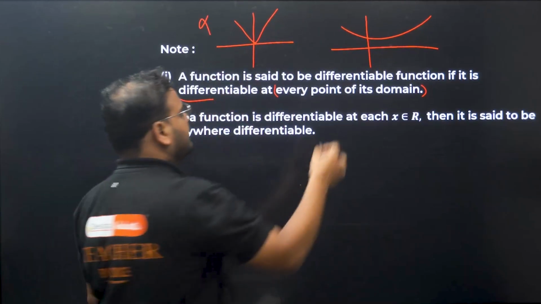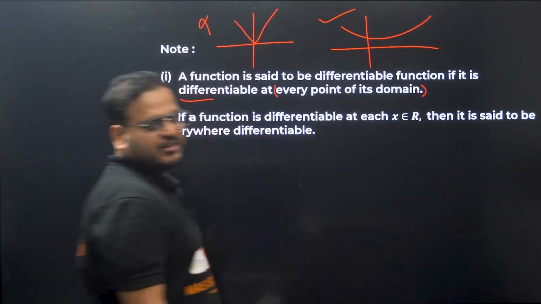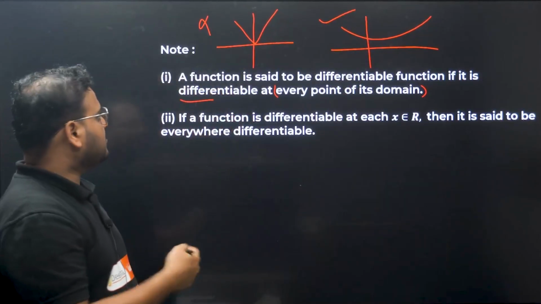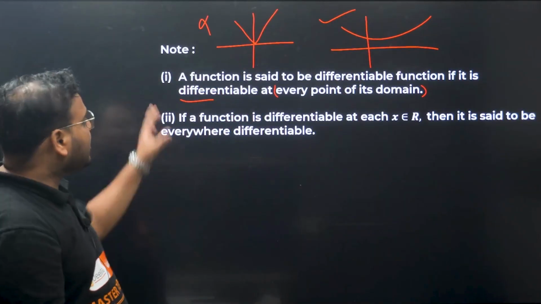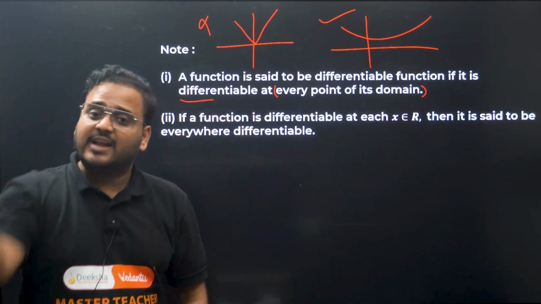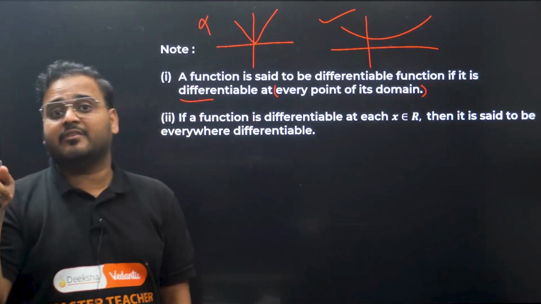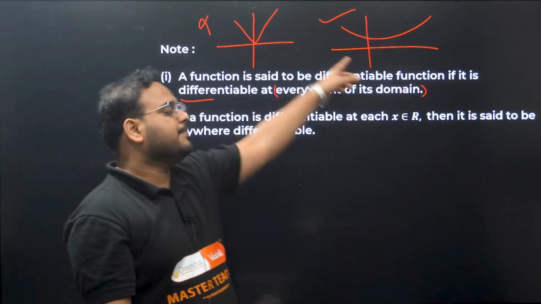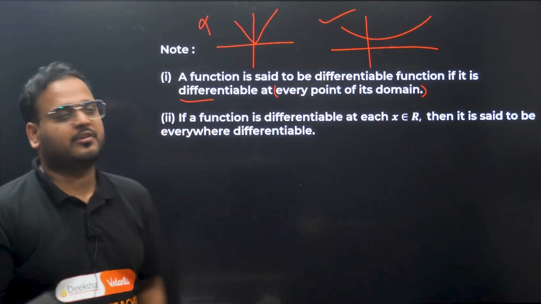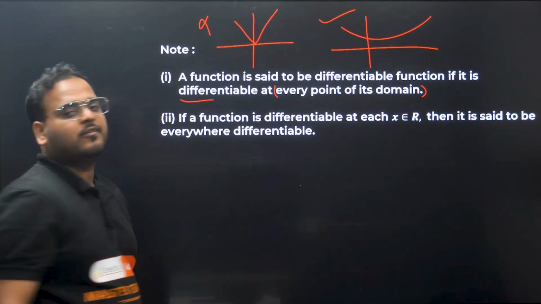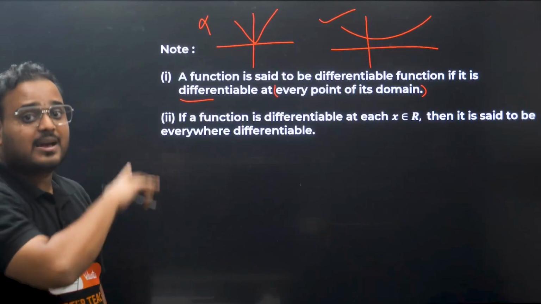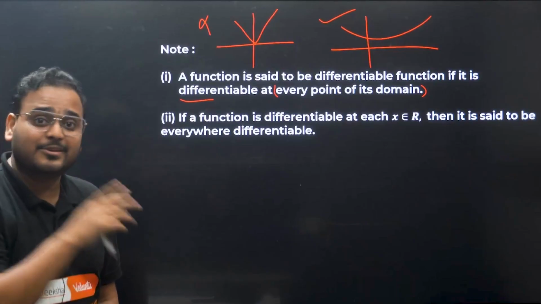The parabolic curve is differentiable, whereas the modulus curve is non-differentiable. So if at every point in the domain of that function it is differentiable, meaning it is smooth everywhere, you can call it differentiable, otherwise non-differentiable, as you can see in the case of modulus. Clear? That's why I told you that first slide was very important.